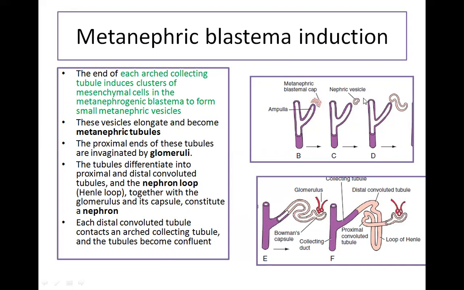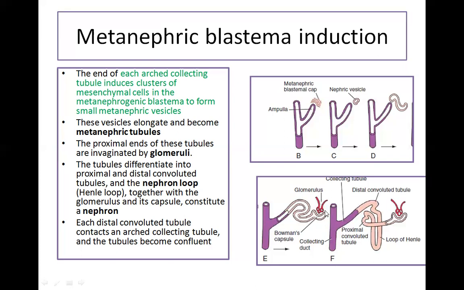Right? So these vesicles first assume comma-shaped structures. Later on, they will elongate and become S-shaped structures. And their distal part will form glomeruli, and they will be invaginated by the blood vessels.